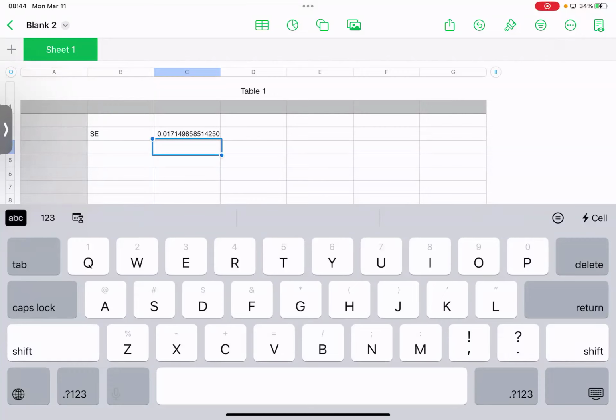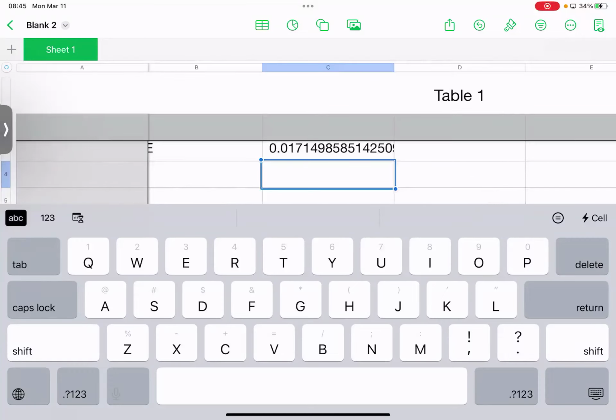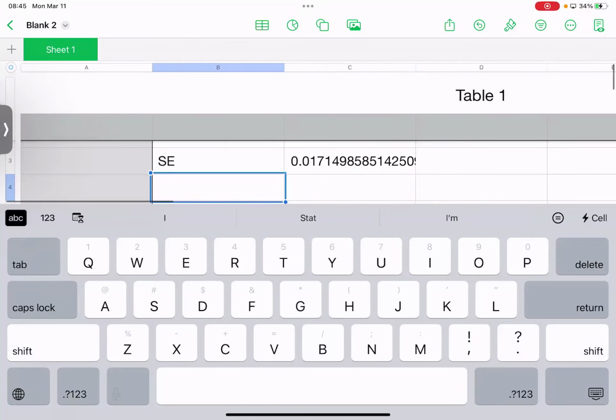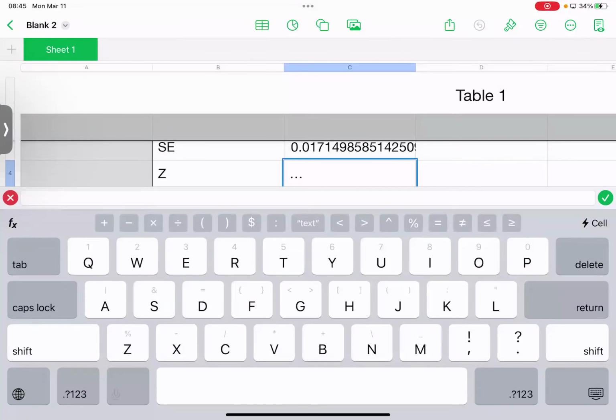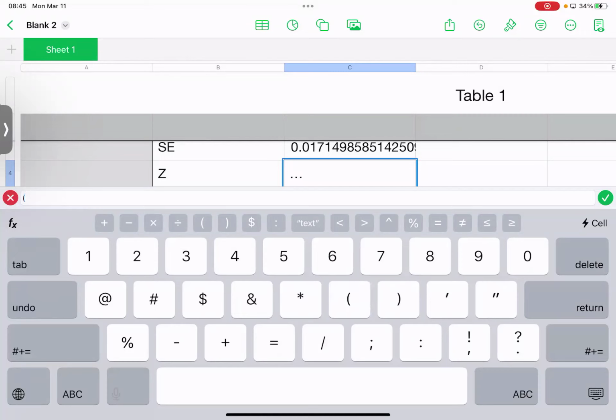Is that the same? Good. Let's see if I can zoom in here. So then my Z is going to be in the numerator, so equals, and I want in brackets 0.41 minus 0.50. Close that bracket and then divide by this standard error, which I'm going to reference by the cell so I don't lose any decimal places.